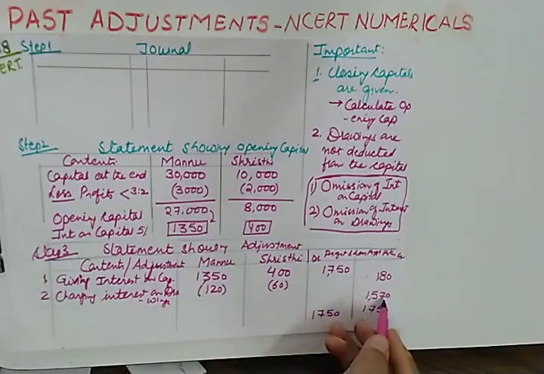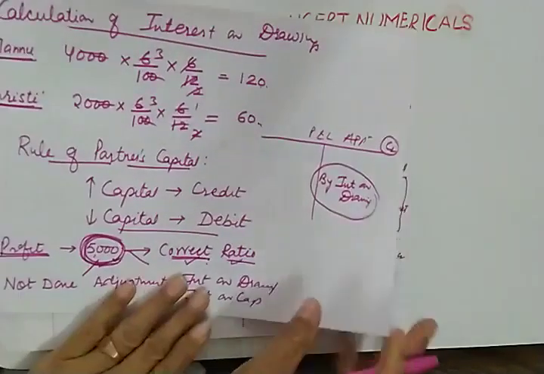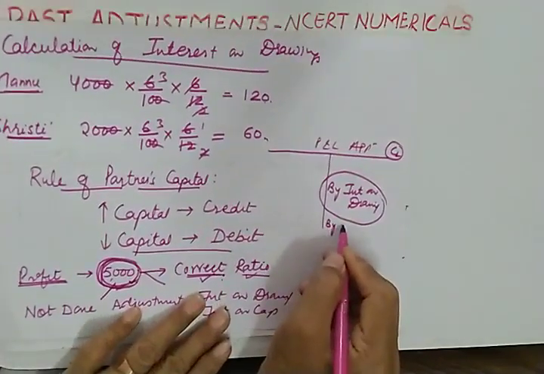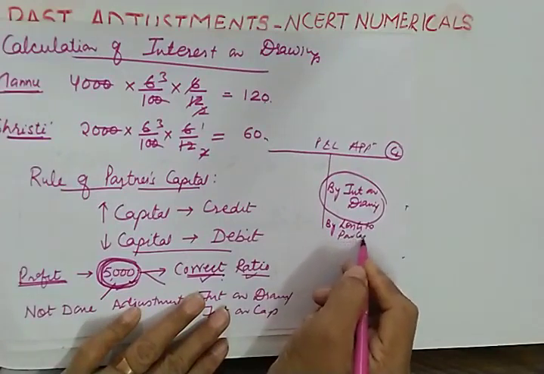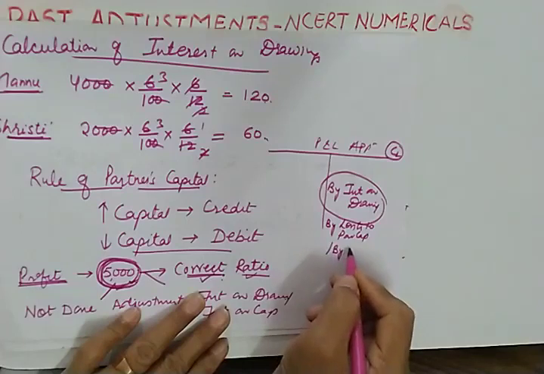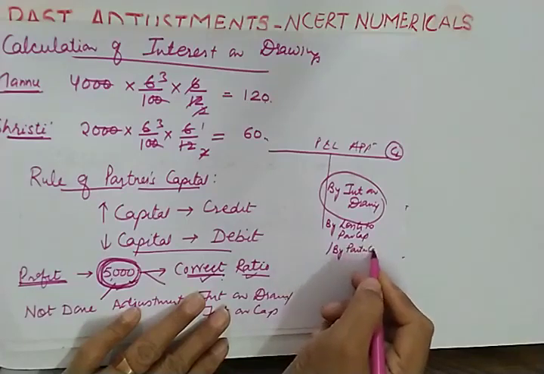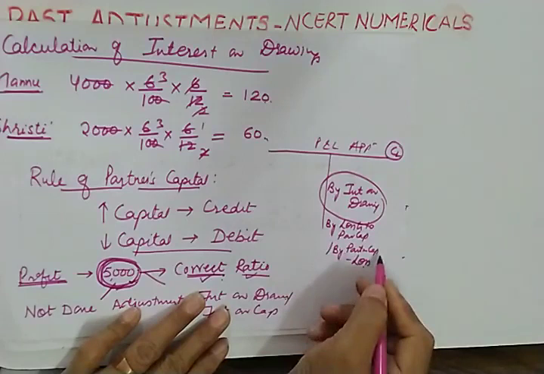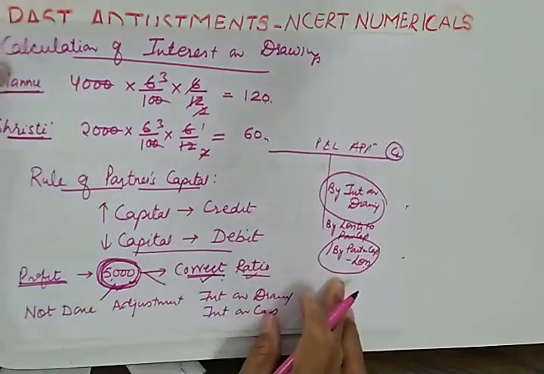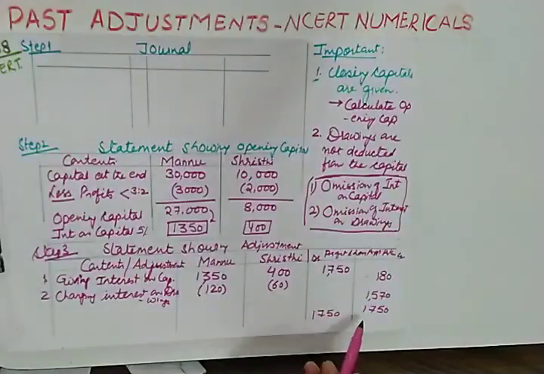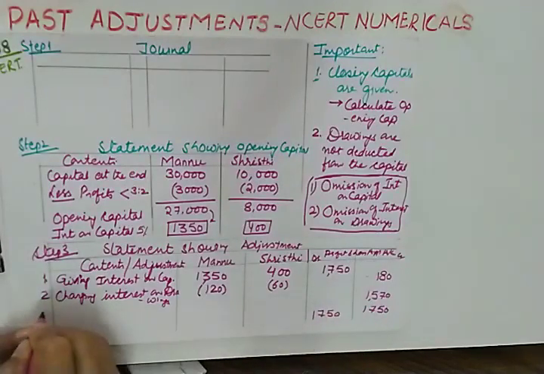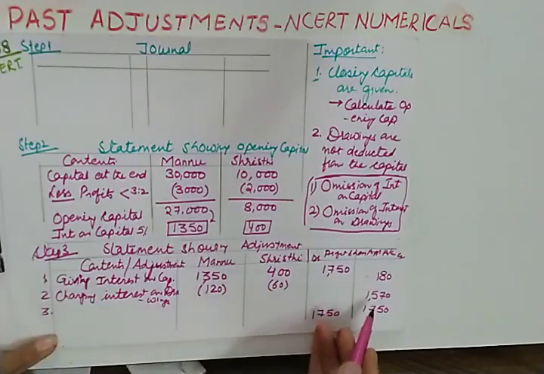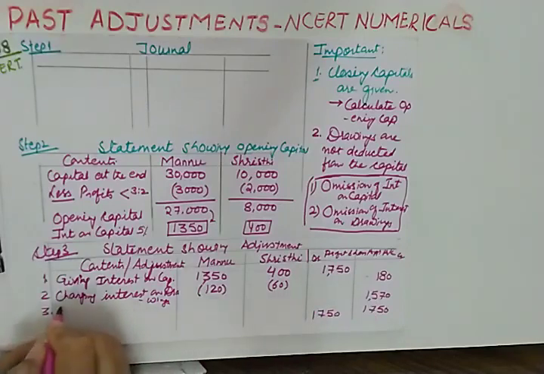And you know that loss is also recorded on the credit side of profit and loss account, by partners capital account, loss distributed. So same way it is to be recorded on the credit side of profit and loss appropriation. Now we are dividing this loss in which ratio? Loss is to be distributed in the ratio of 3:2.